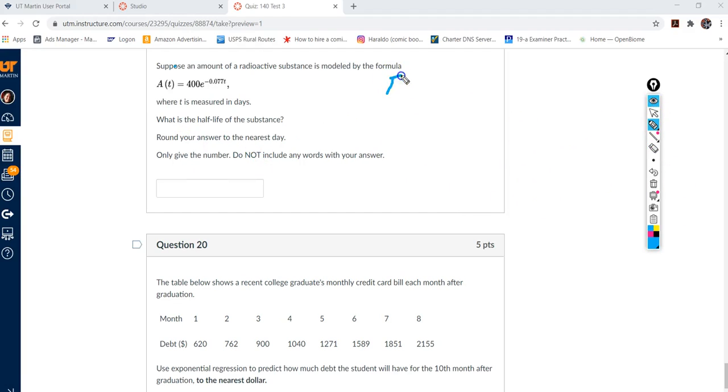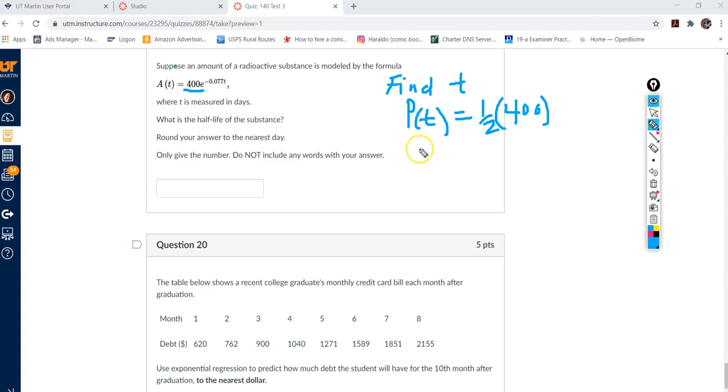So find T when the amount after time T is 1/2 what you started with. What did we start with? Well, in the formula, that number out the front is what you started with.